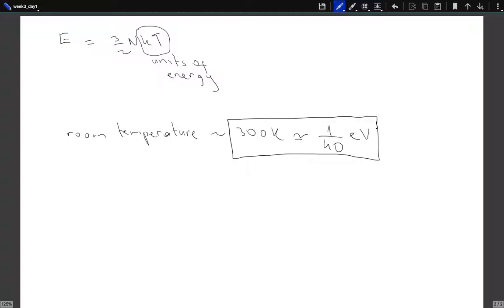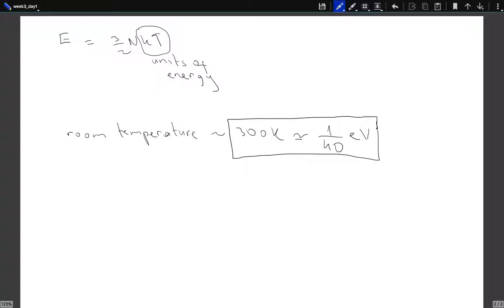Remembering this would allow you to make order of magnitude estimates about certain quantities. For example, we will see that at 300 Kelvin, you cannot really ionize gases. You cannot create a plasma. If you want to create a plasma, typically the energies that you need to provide to the atoms should be of the order of electron volts.